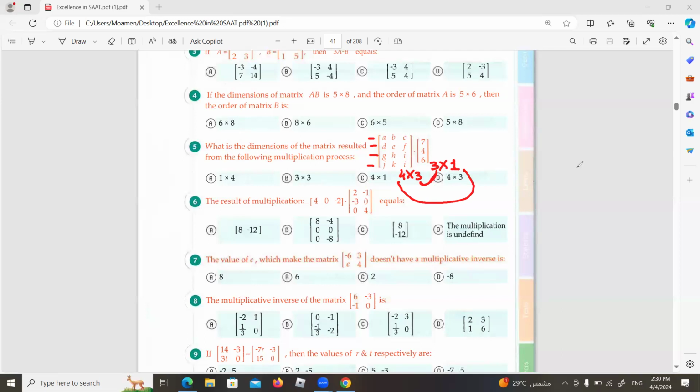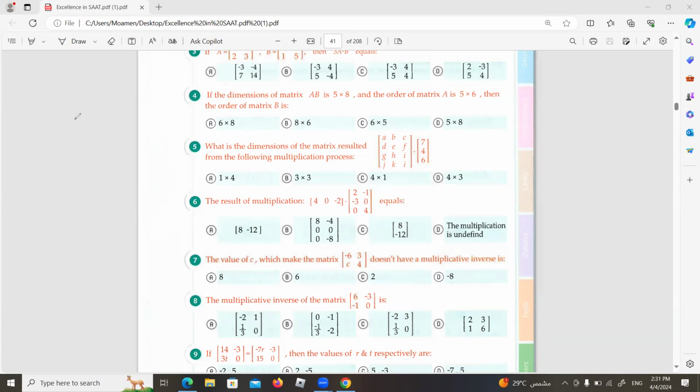So the means and the extremes: the means denote whether we can multiply or not, meaning the inner numbers, and the extremes are the order of the product of the two matrices, which is 4 times 1. So 4 times 1 is our answer. So the result of number 5 is letter C.